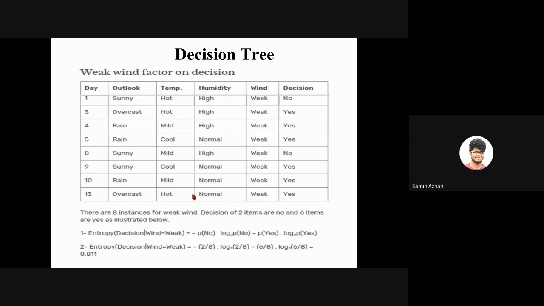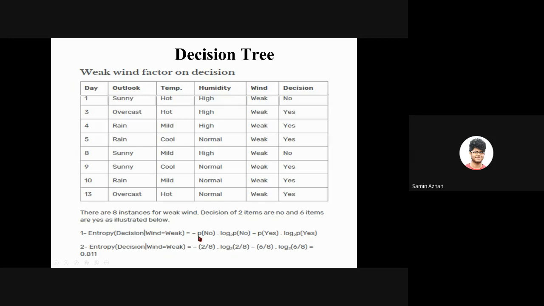First, let's calculate the entropy of decision while wind is equal to weak. From our training data set, if we only pick the values where wind is equal to weak, we get this table. Now let's calculate the entropy.